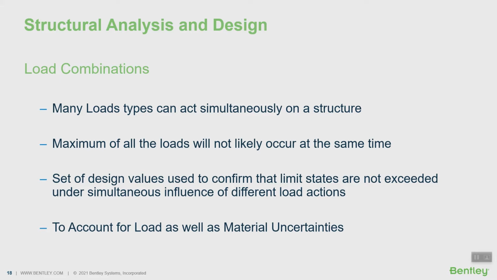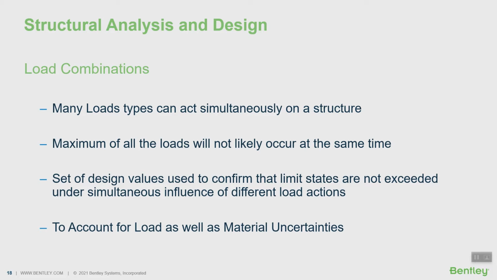The design criteria must be met not only for individual loads acting on the structure separately, but also for combinations of loads because many load types can act simultaneously on a structure. But the maximum value of all the loads might not occur at the same time. Hence, a load combination does not mean adding the full influence of each load action together, but using a specified set of design values for simultaneous influence of different load actions.